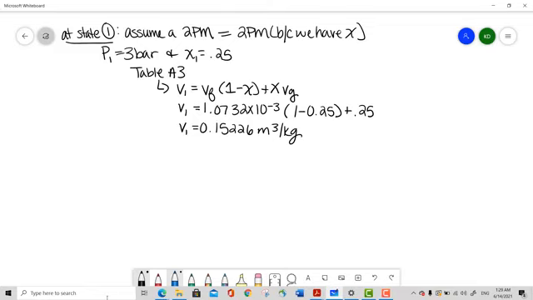Okay, so while we are here, you probably won't know this right now, but we're going to go ahead and pick up the specific internal energy while we're here because we are going to need it for later.